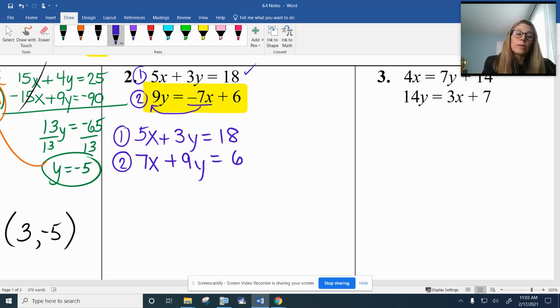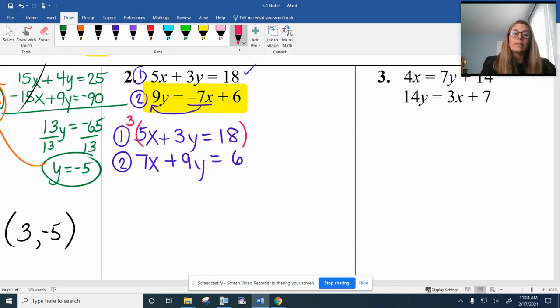Okay, so now that they're both in standard form, we want to look at the two equations and see, is there something that I can do here to get something to cancel? So I have a 5 and a 7. Those are not going to cancel. I have a 3 and a 9. Those are not going to cancel. However, 3 does go into 9 evenly 3 times. So if I multiply this first equation by 3, 3 times 3 will give me that 9 that I need.